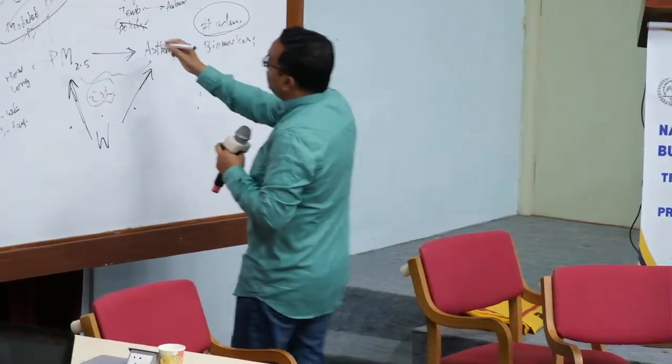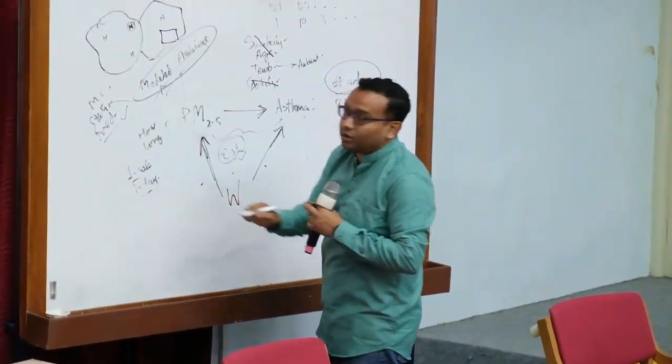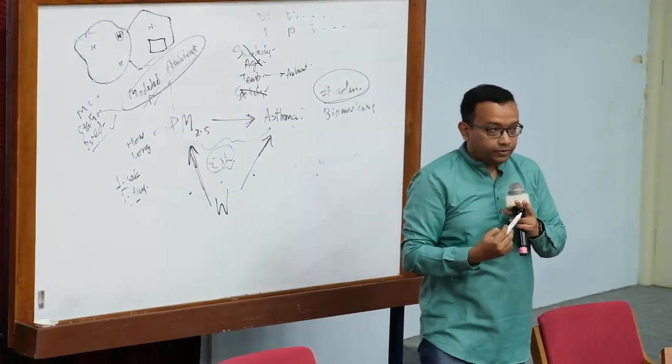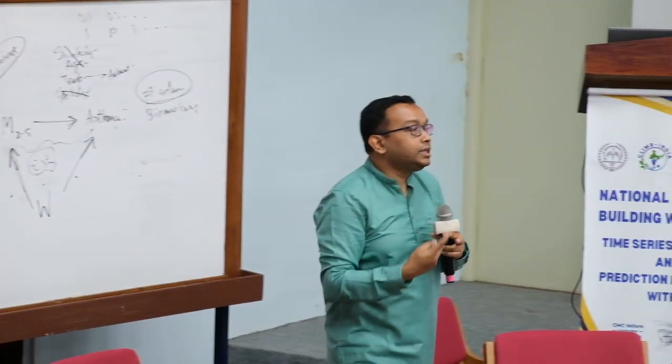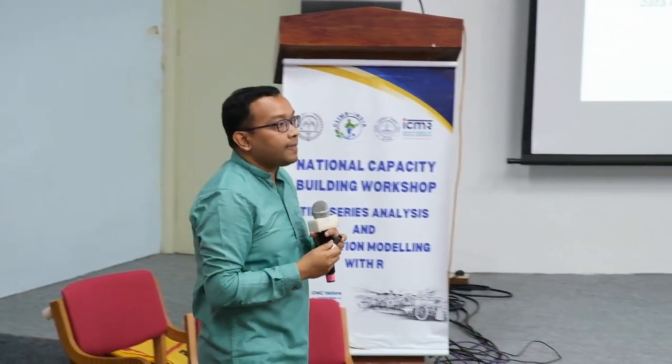It is not necessary that 1 year average temperature would affect 1 year average PM2.5, because meteorology, remember, is day-to-day variation. It's for short-term changes. So temperature is a confounder if you are looking at short-term changes of PM2.5. What else could be confounders?